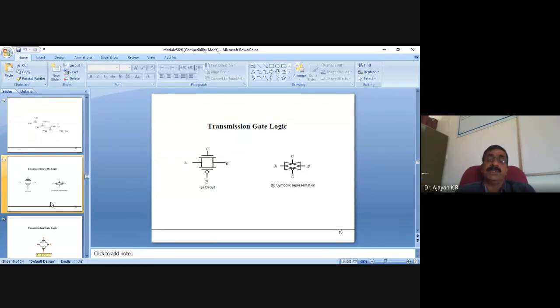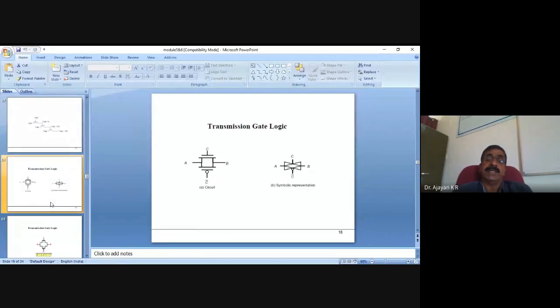Similarly, if A is equal to 0 and B has to discharge, the discharging will be stopped by the PMOS when the output becomes VT. Further, it cannot discharge. But in the case of NMOS, the source is the lowest point, anyhow it is the input A, that is 0.